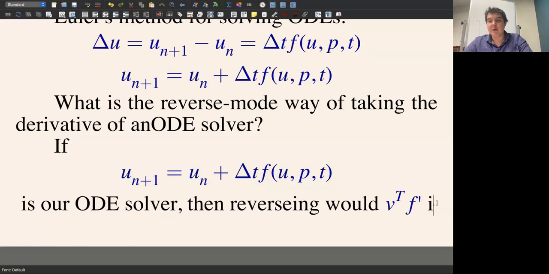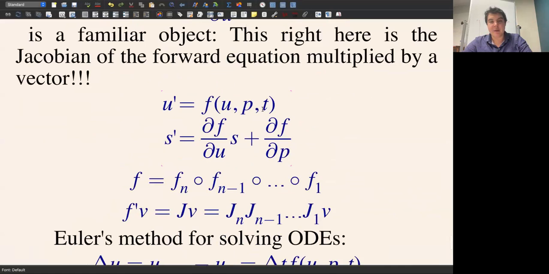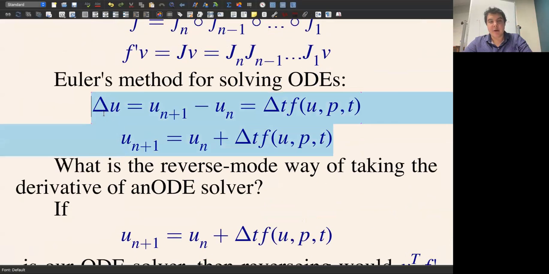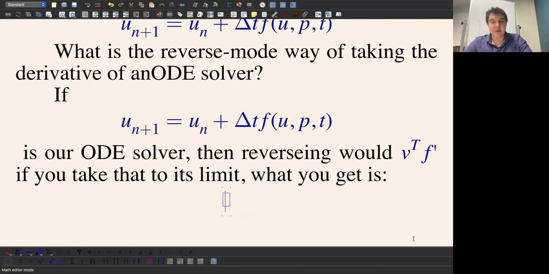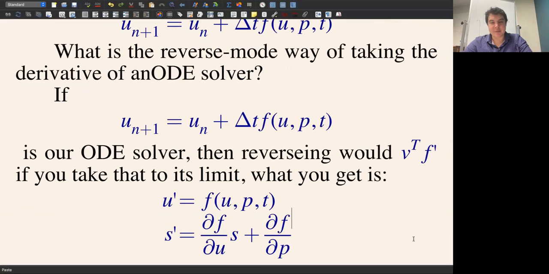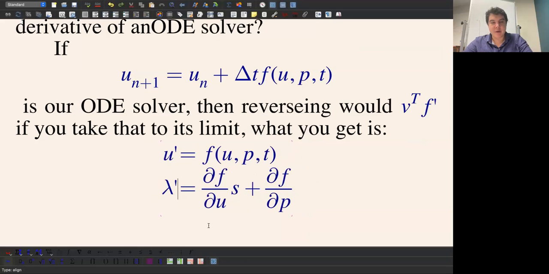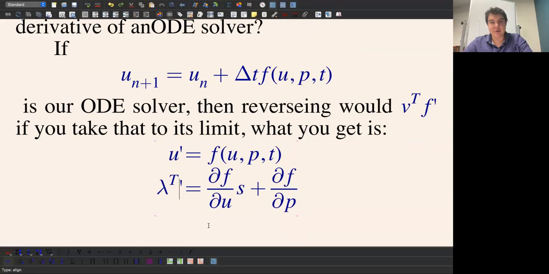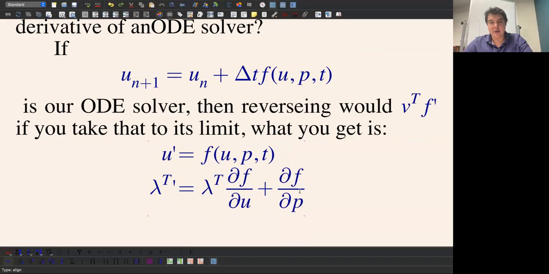If you take that to its limit, what you get is a relationship where you say lambda transpose that, and then you basically have the same extra term show up here.